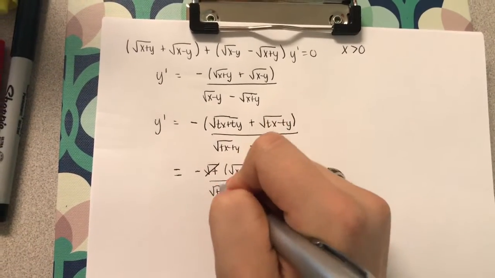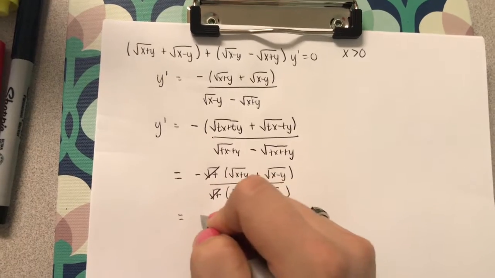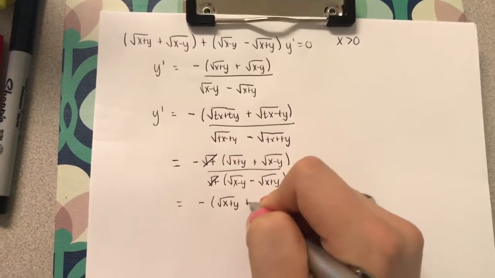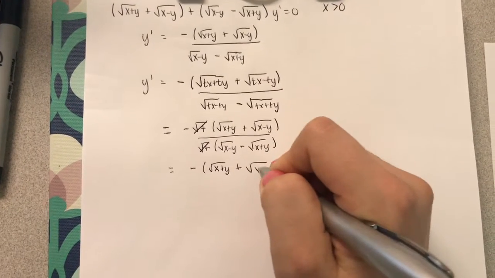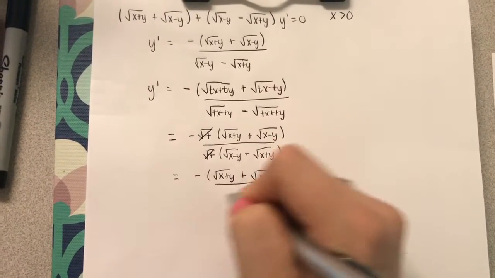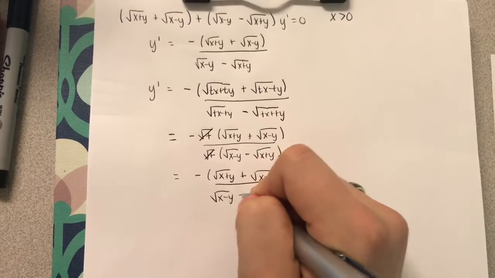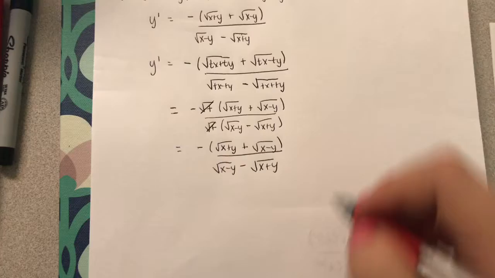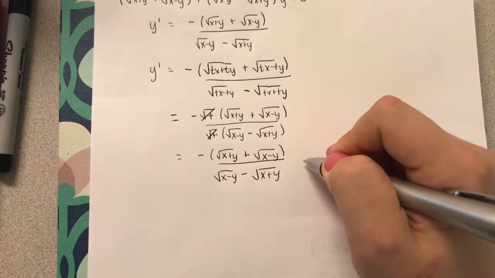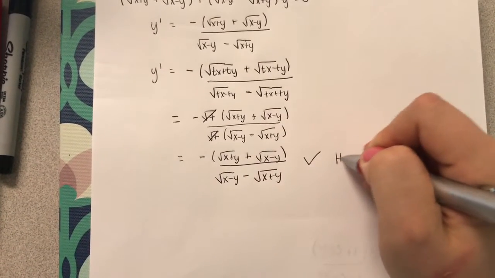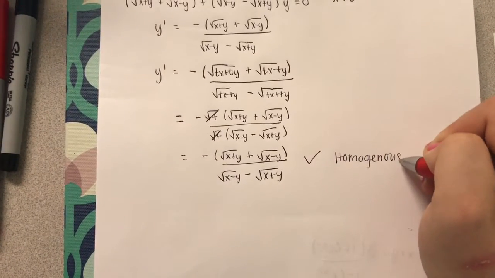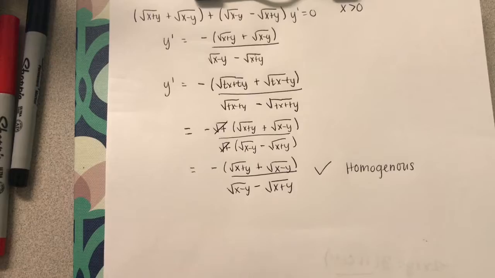Here my square root t's cancel and I'm left back at negative the quantity square root of x plus y plus the square root of x minus y over the square root of x minus y minus the square root of x plus y. So here I've done the homogeneity test and I can check mark that it is homogeneous and I can keep going forward with this differential equation.